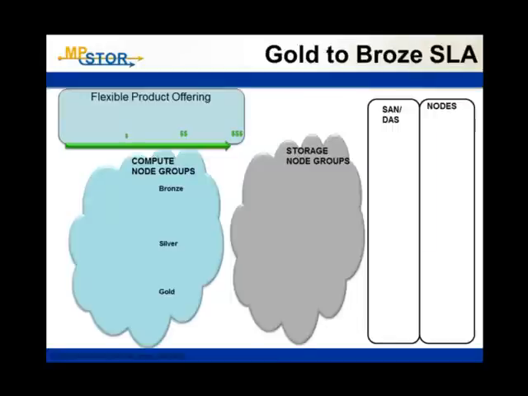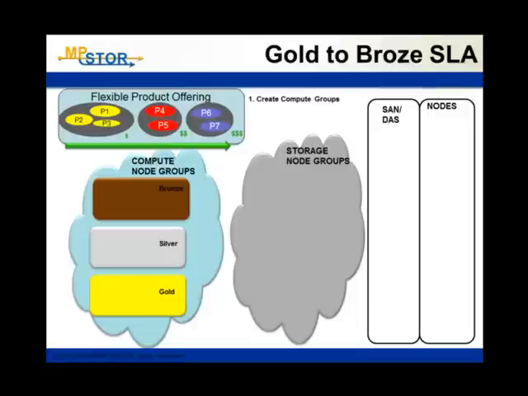So what does this mean to a service provider? A service provider can now provide a flexible set of products ranging from low cost to higher cost. Those products will run in different types of compute groups, such as a gold, silver, bronze compute group.